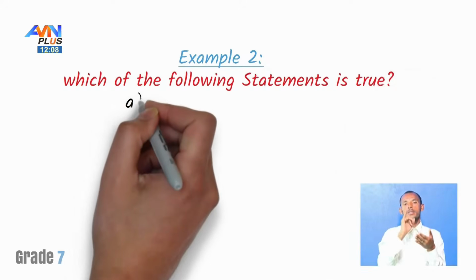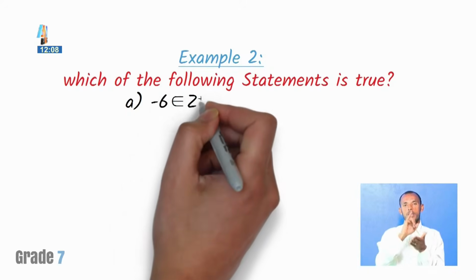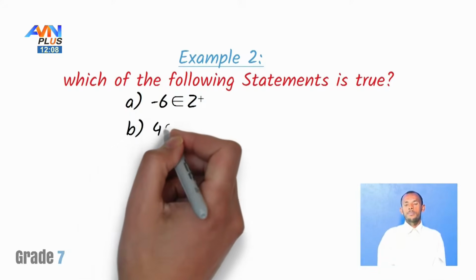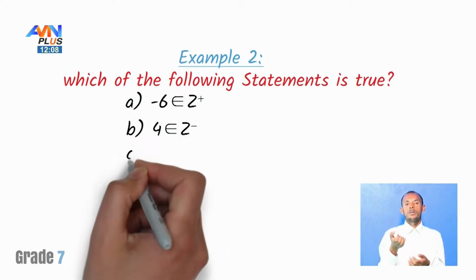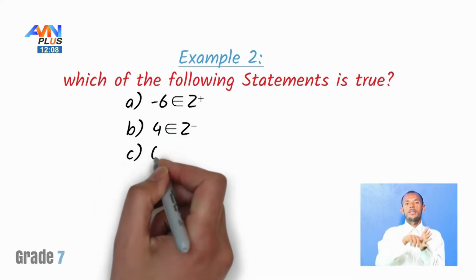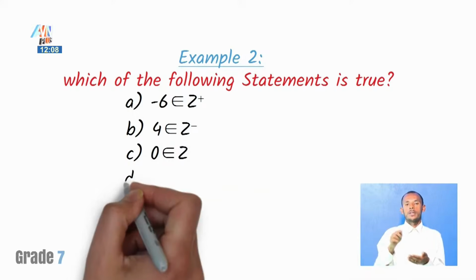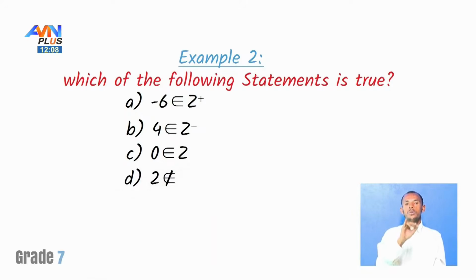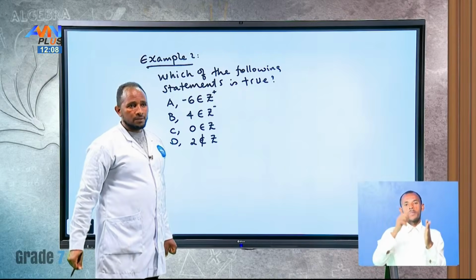A, -6 is an element of Z plus. B, 4 is an element of Z minus. C, 0 is an element of Z. And D, 2 is not an element of Z. Okay, please try this question. I'll give you 10 seconds for this.